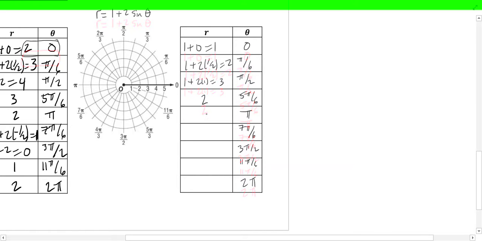Pi is back to 1. 7 pi over 6, that's going to be 1 minus 2 times 1/2, which means it's 0. And this is going to be 1 minus 2 times negative 1, which means it's 2.